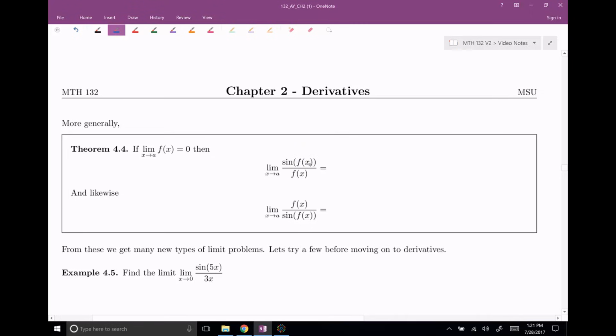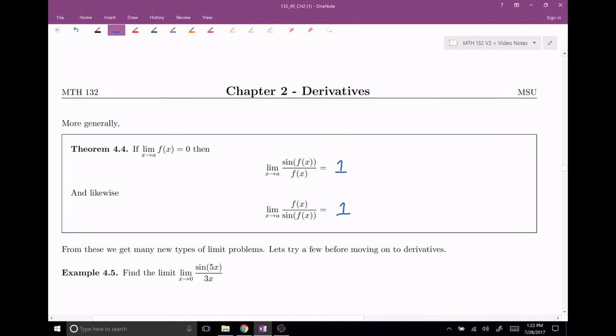And the claim is, so long as whatever's inside of your sine matches what's in the denominator, and these things are going to 0, so the function should be going to 0, so again, it's kind of like a sine of 0 over 0 situation, then this limit will still evaluate out to 1. And likewise, if you take the reciprocal of these things, this will also evaluate out to 1 over 1, which is the same thing as 1.